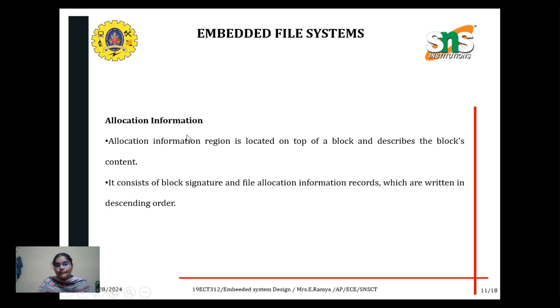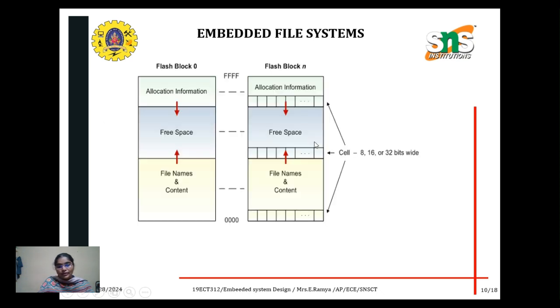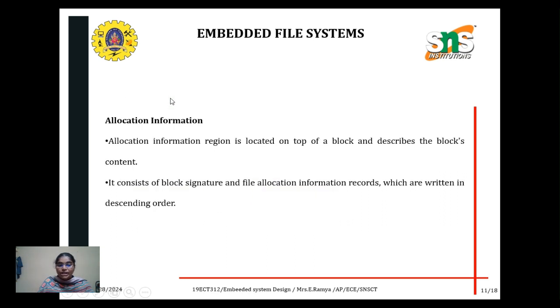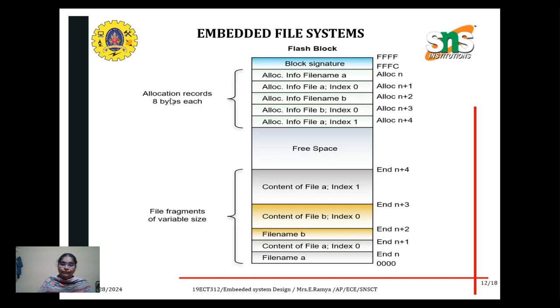Already we discussed the others. The final thing is allocation information. It is a region located on the top of the block, and it describes the block's content. It consists of a block signature and file allocation information records, which are written in descending order.